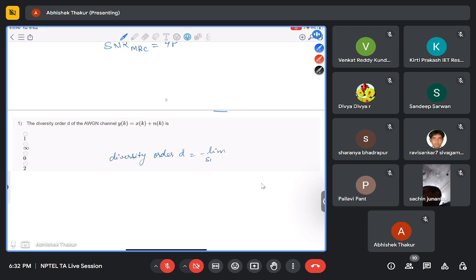limit SNR tends to infinity of log of half e to the power of minus half SNR divided by log of SNR.